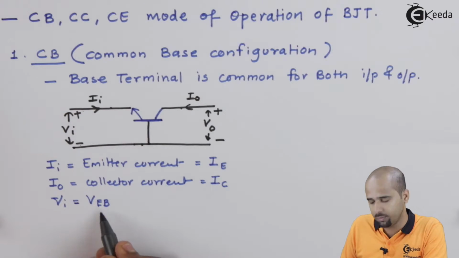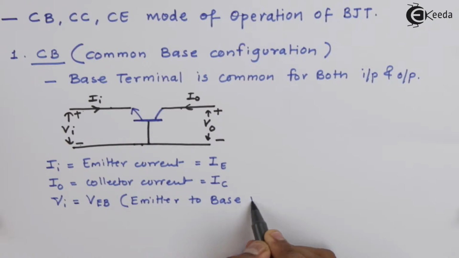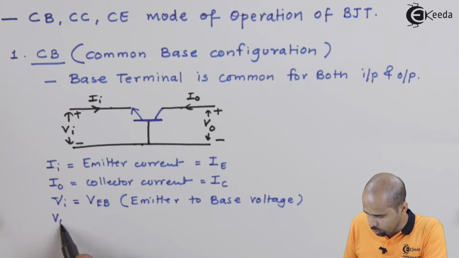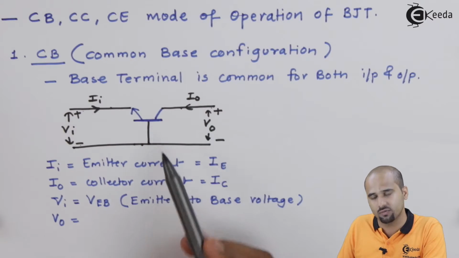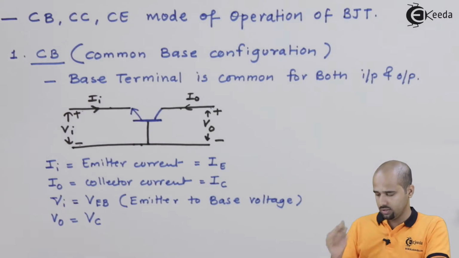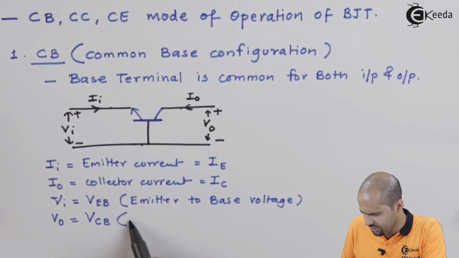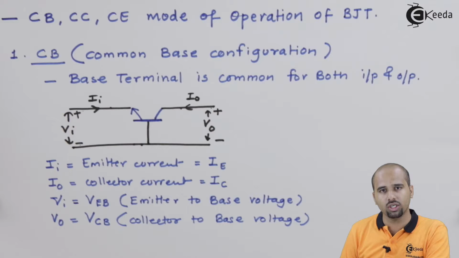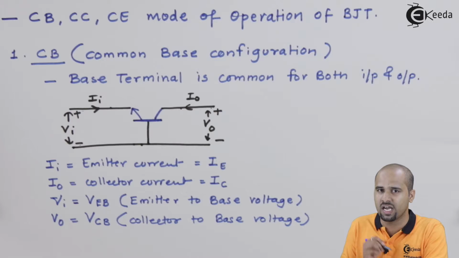Vi is equal to VEB, that is nothing but the emitter to base voltage. Vo is nothing but the collector to base voltage, so here we can write VCB. So we have got what the current and voltage are at the input as well as output side.